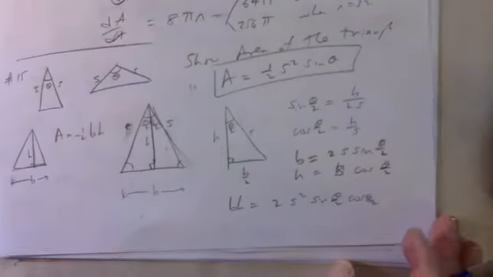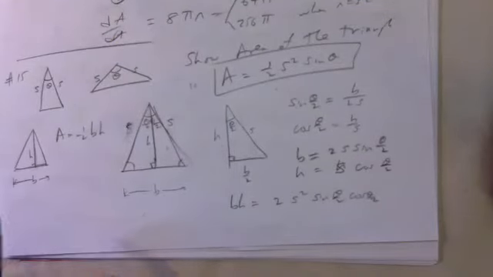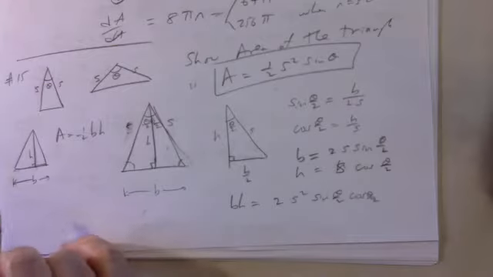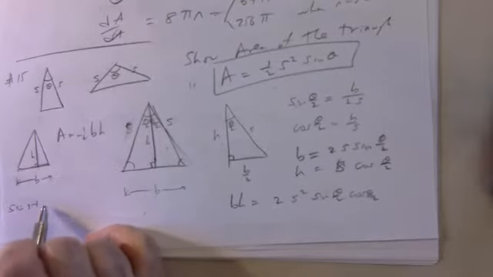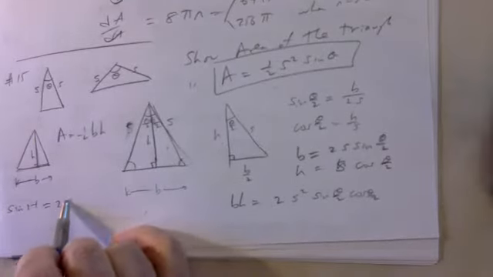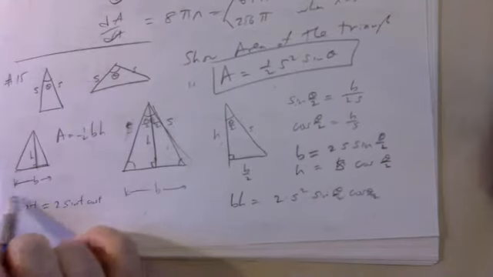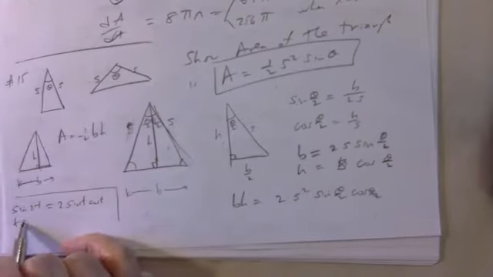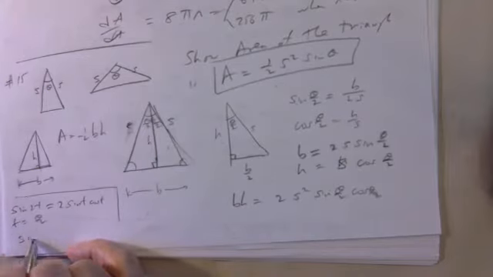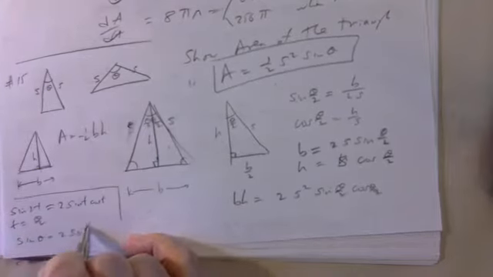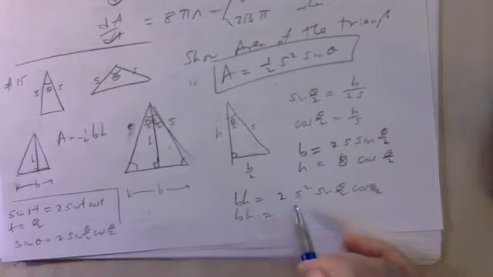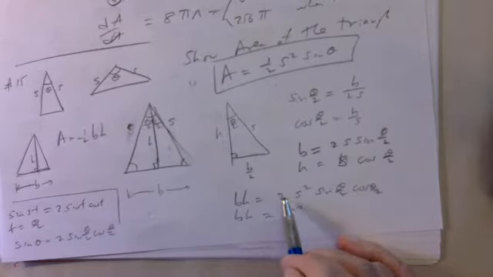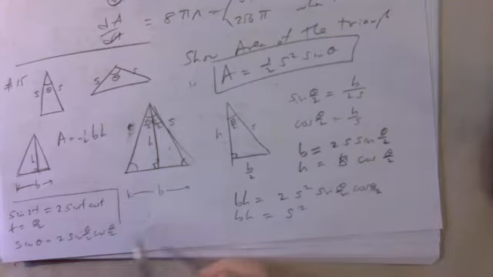Now, by the time you get to calculus, you're expected to know things like the double angle formula. You know that for any angle t, the sine of 2t is 2 sine t cosine t. And if you let t equal theta over 2, you get the sine of theta is 2 sine theta over 2 cosine theta over 2. So bh is equal to S squared times 2 sine theta over 2 cosine theta over 2. That's sine theta.